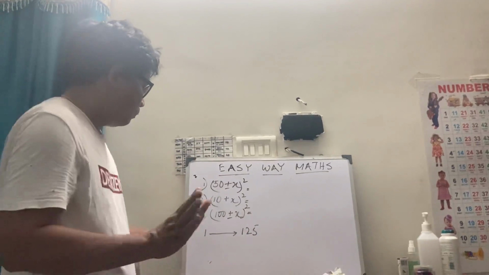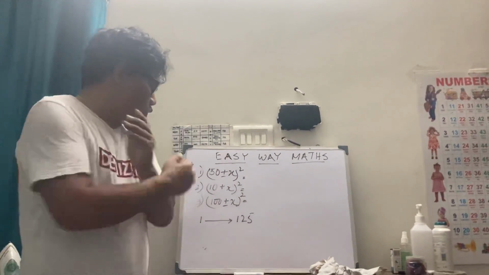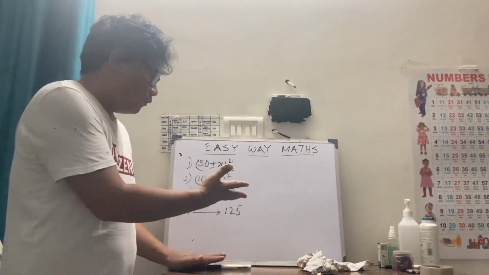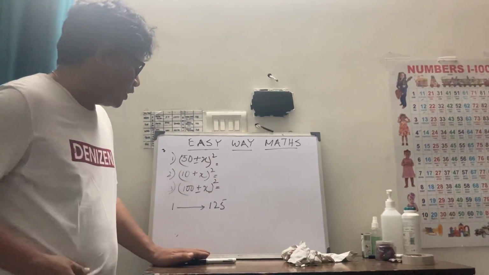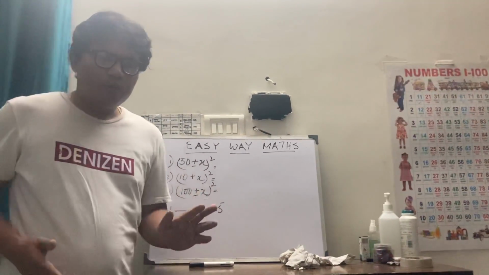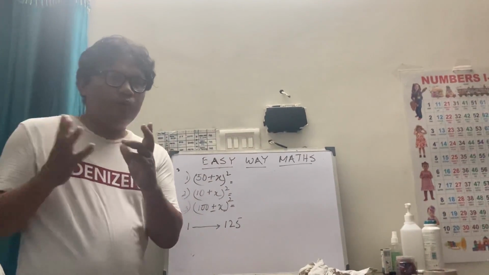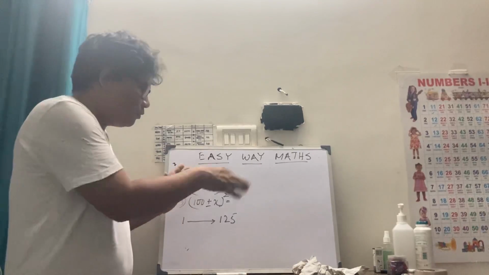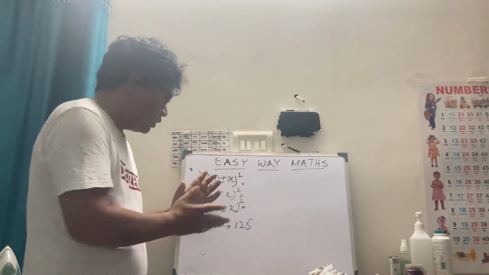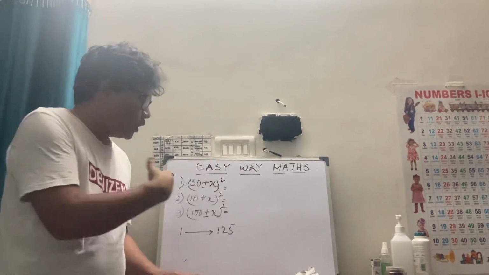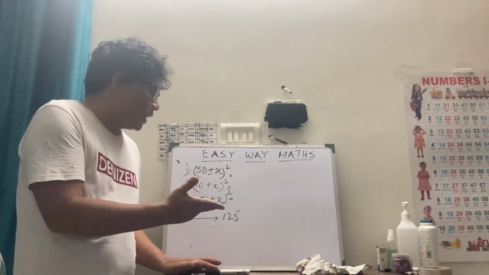I hope you guys are able to understand what I've explained to you. In the next class, we will discuss another topic, which is completely different from this. We will not discuss topics related to finding squares. We will discuss something else, okay?